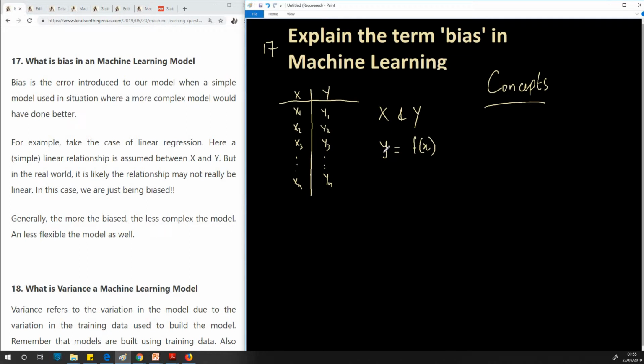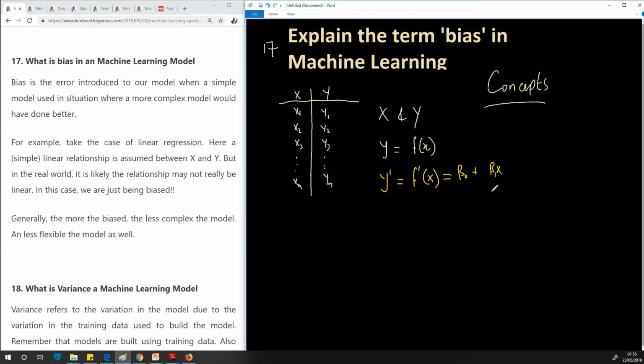Take, for instance, linear regression: we are assuming a linear relationship between x and y, so y prime is equal to f prime of x, and it's going to be beta 0 plus beta 1 x.